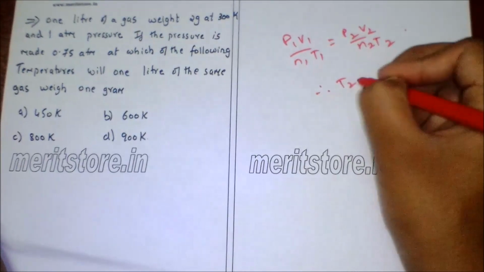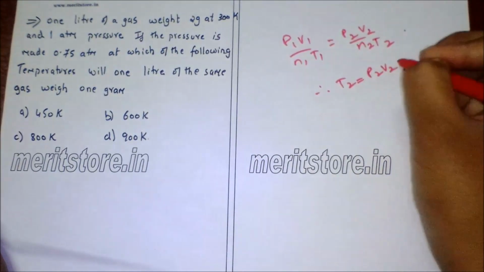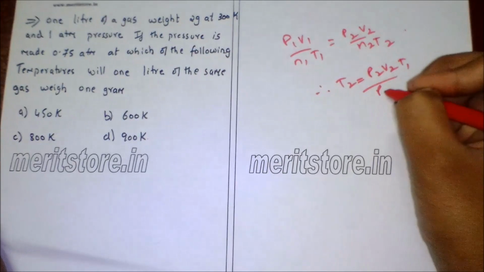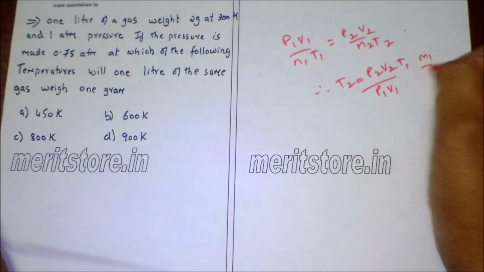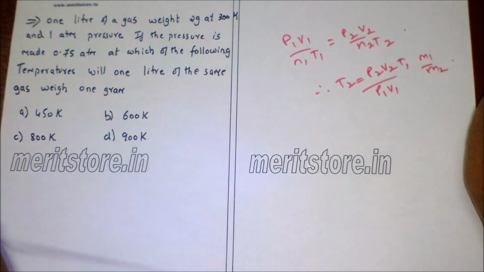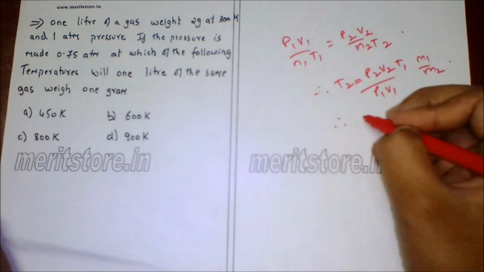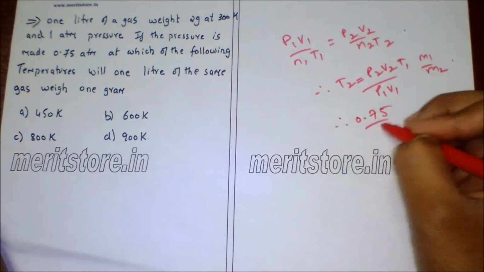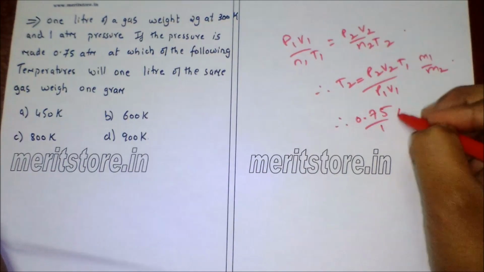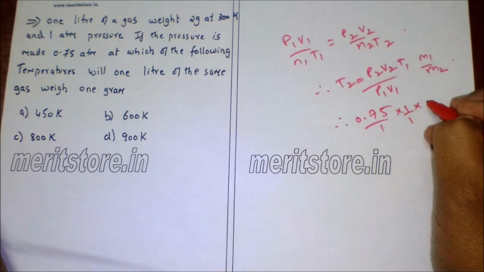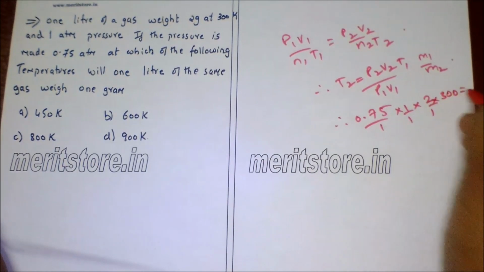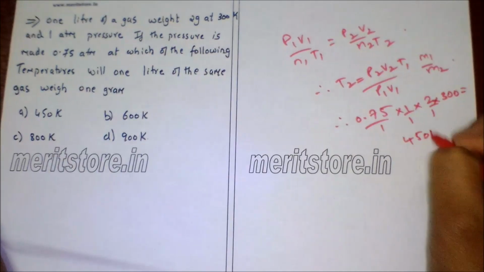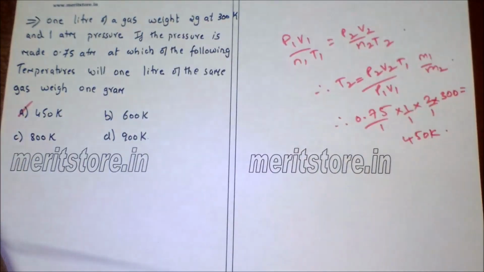Therefore, T2 is equal to P2 V2 T1 upon P1 V1, and for number of moles we can write it as M1 upon M2. So substituting the values, 0.75 upon 1 into 1 upon 1, which is volume, into 2 upon 1, and the temperature is 300 Kelvin, so this comes out to be 450 Kelvin. So option A is the correct answer.